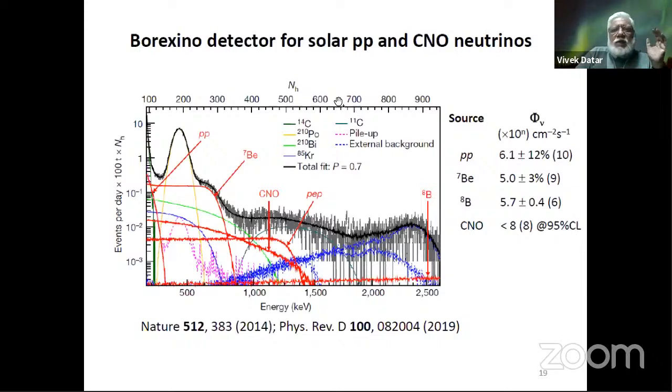That's just proportional to the total energy that is deposited in the scintillator. This is one of, by the way, the purest scintillators in the world, with uranium and thorium concentrations of the order of 10 to the minus 18, 10 to the minus 19 of uranium and thorium per gram of scintillator. Okay, so it's extremely pure.